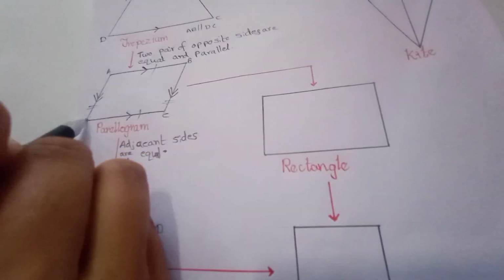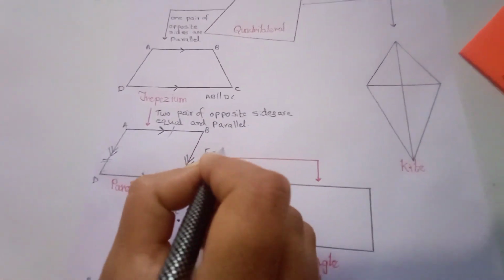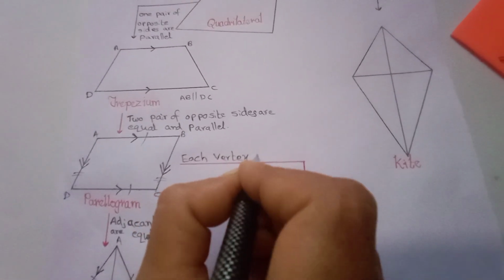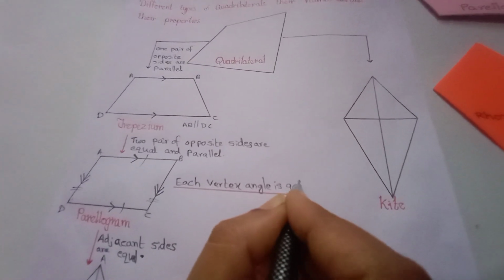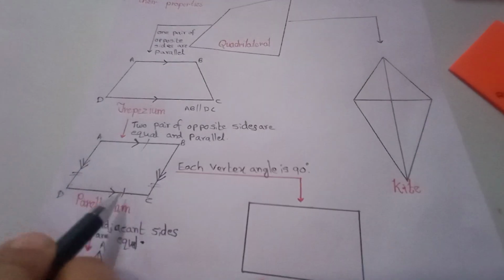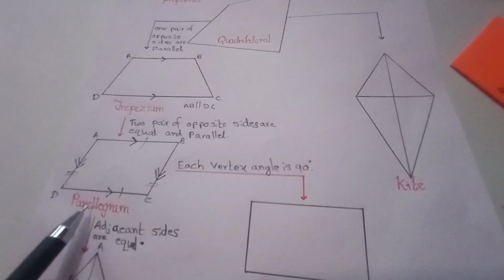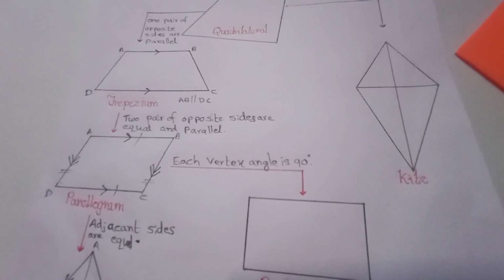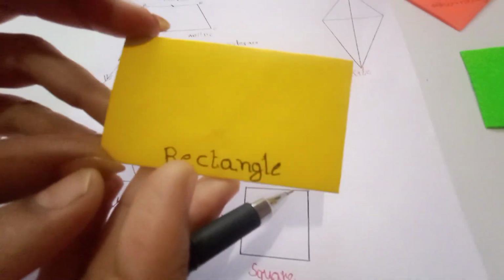If each vertex angle is 90 degrees, then this type of parallelogram is called a rectangle. Like this. This is a rectangle.